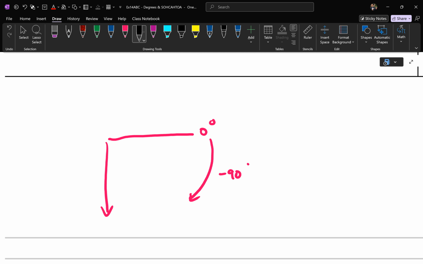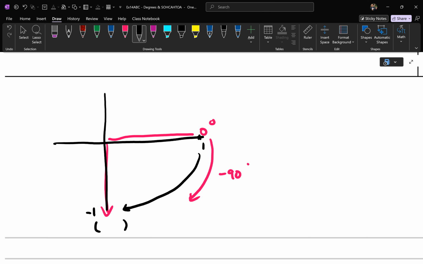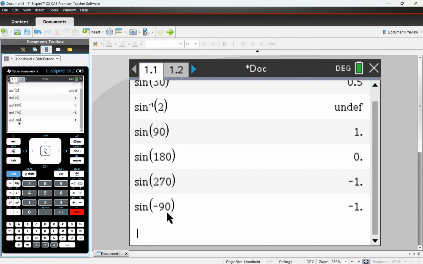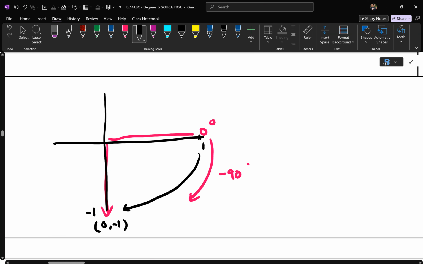If you think about the x and y axes, with a maximum length of 1, by the time you get to -90 degrees, this is a maximum length of -1 vertically. So the coordinates would be 0, -1. So if I want -1, it didn't have to be sine of 270. It could also be sine of -90. Same thing.